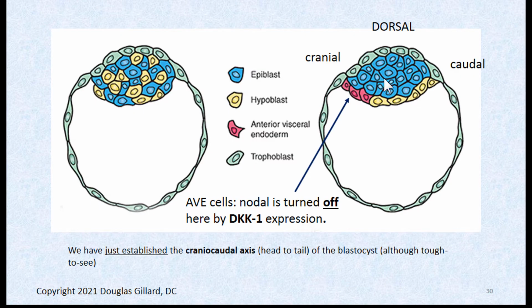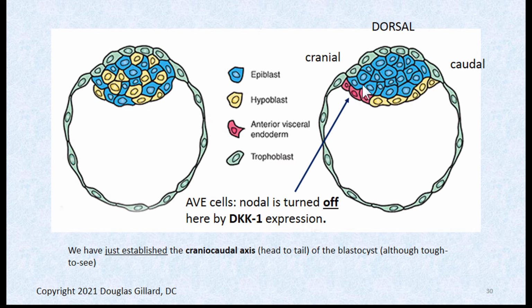All right, so let's go back to our picture here. We've already made the epiblast in blue, hypoblast in yellow here. Now these red cells right here, which used to be yellow, started secreting DDK1, and that's going to turn them into AVE cells. Once that happens, and scientists can tell this by studying what genes are turned on in these cells, now we know which way is going to be the head and which way is going to be the tail.